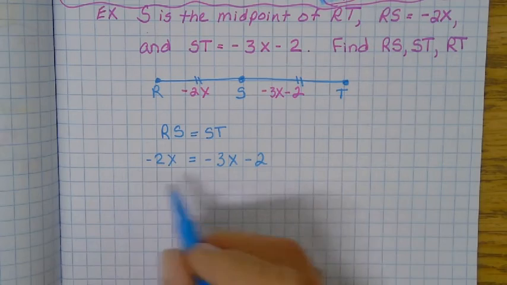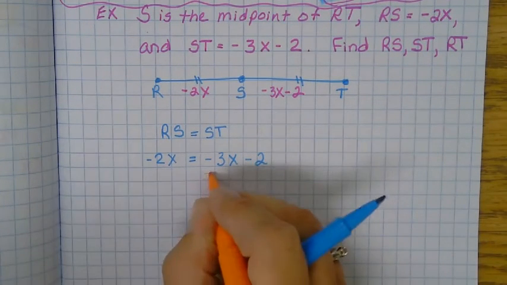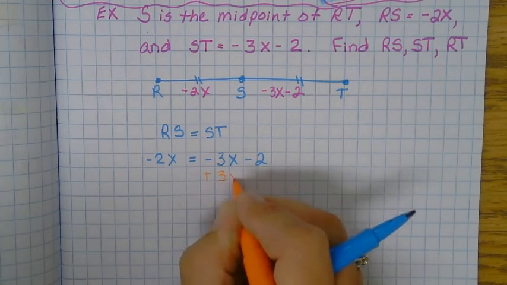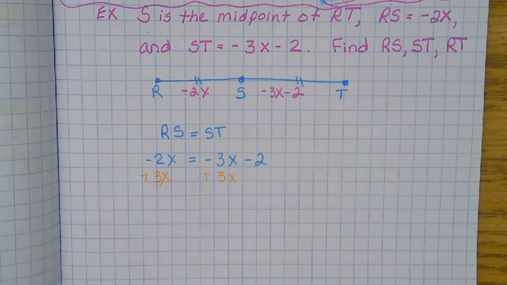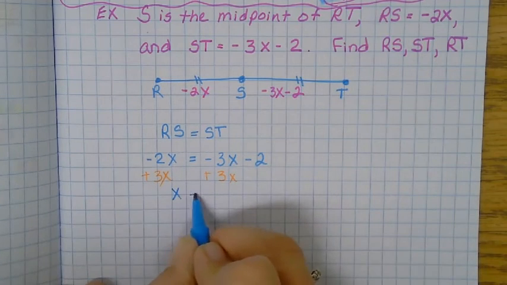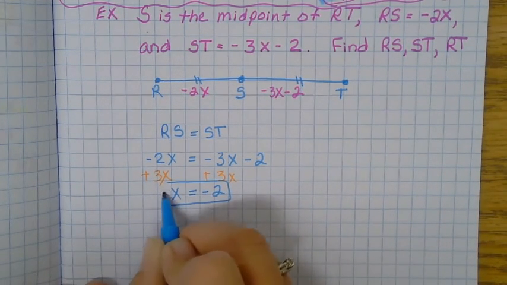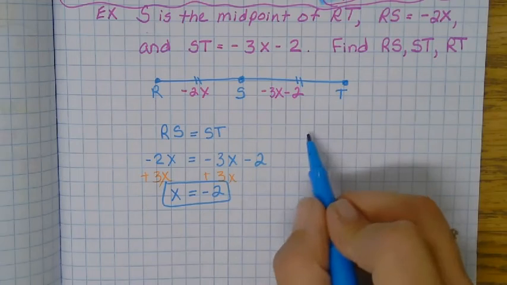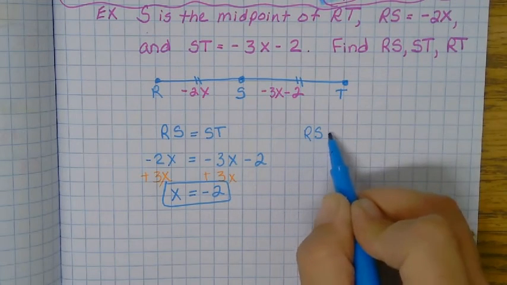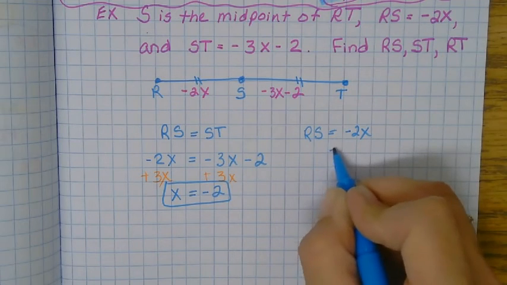Let's solve this. Add 3 to both sides. Actually 3x, right? So this is going to be x equals negative 2. So let's find all these pieces. RS was negative 2x.